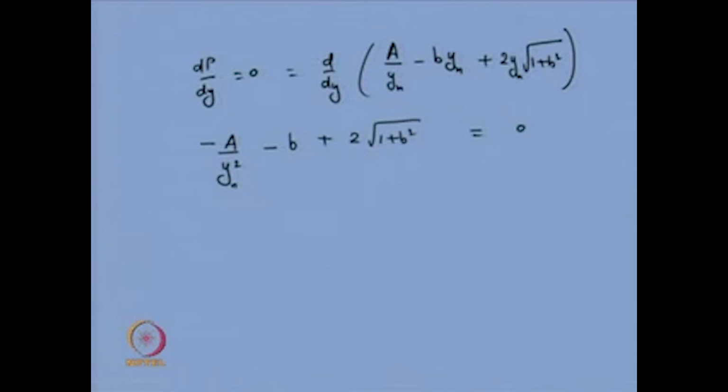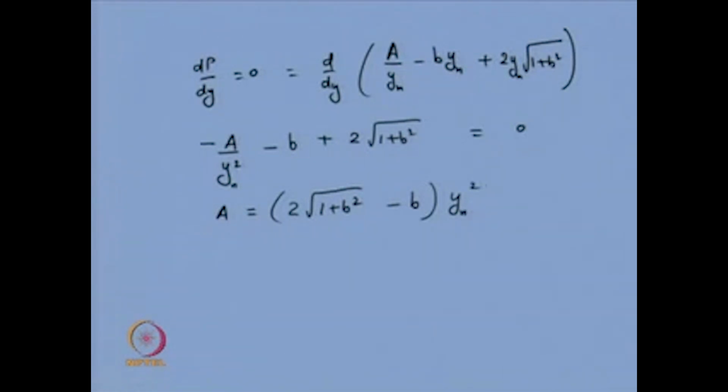This is equal to 0. So, you are getting A is equal to 2 times root of 1 plus B squared minus B, the whole quantity into y_n square.